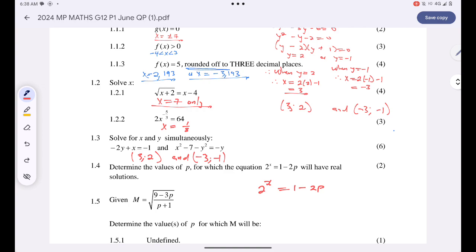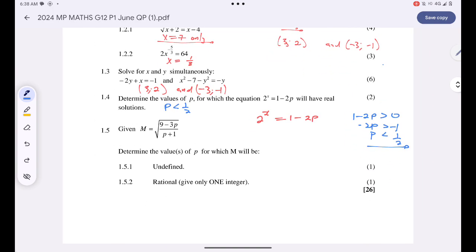This simply means that 1 minus 2p should be greater than 0, and hence negative 2p is greater than negative 1, then p is a number which is less than 1 over 2. Any number which is less than 1 over 2. So p is just less than 1 over 2.